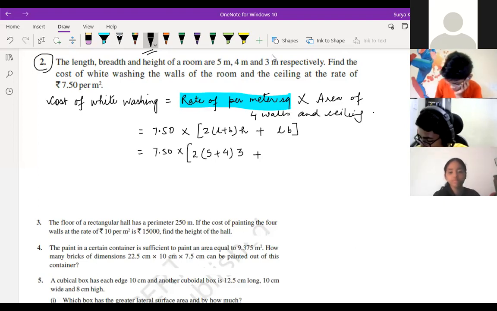So cost of whitewashing is rate per meter square into area of 4 walls and ceiling. First find the area of 4 walls and ceiling and multiply by the rate per square meter. Two ways you can do: either first find the area completely, then multiply by the rate per square meter. It's clear, Shriyanvi?